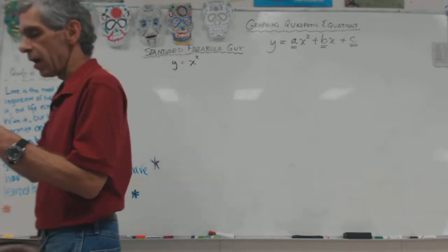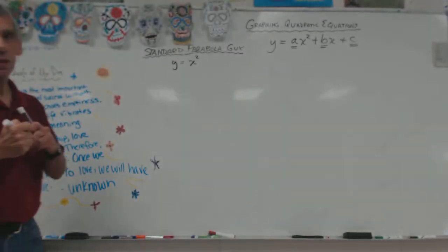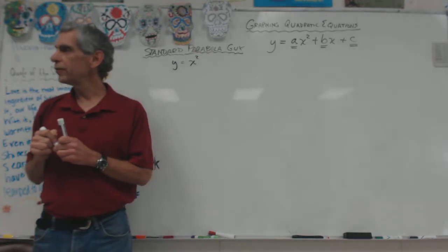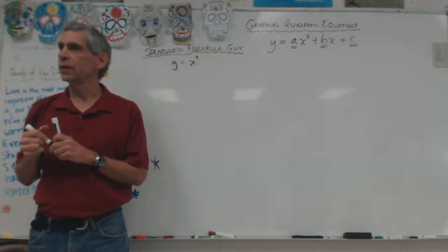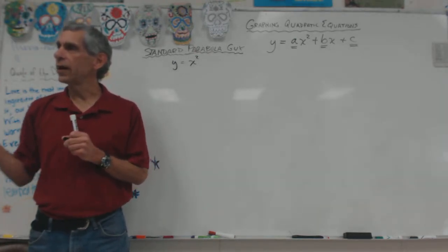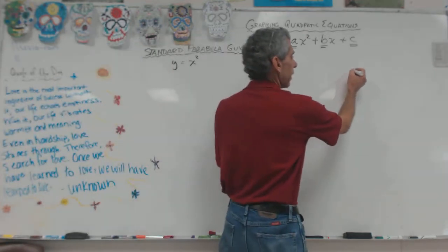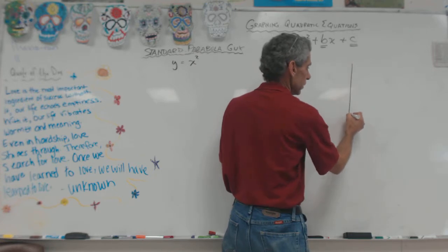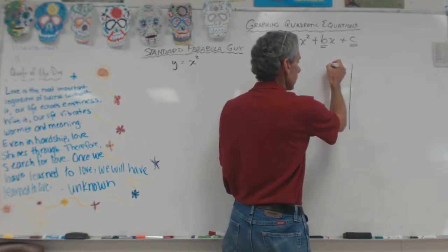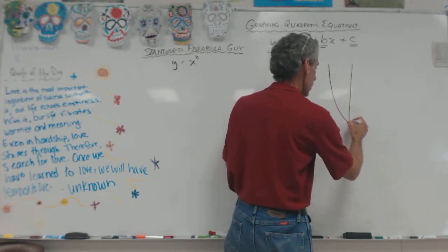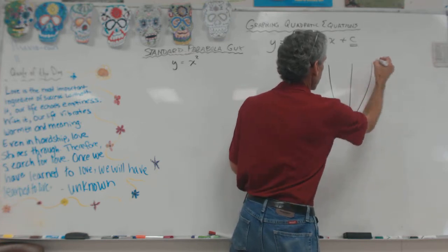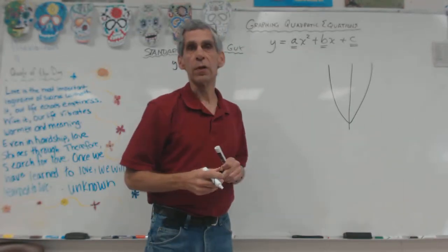Okay? Now, what else do we know? I didn't talk about this when I said anatomy of a quadratic equation, but what about a parabola in general? What do you notice about the parabola?